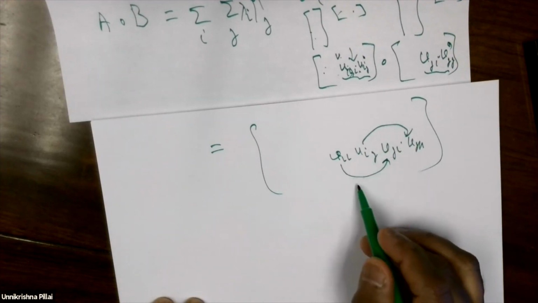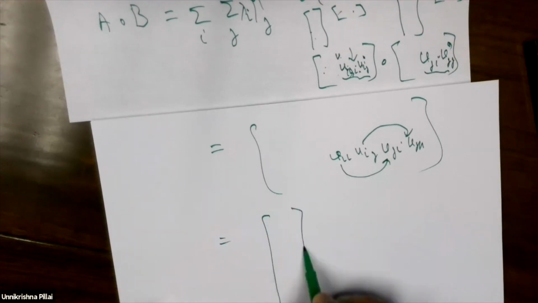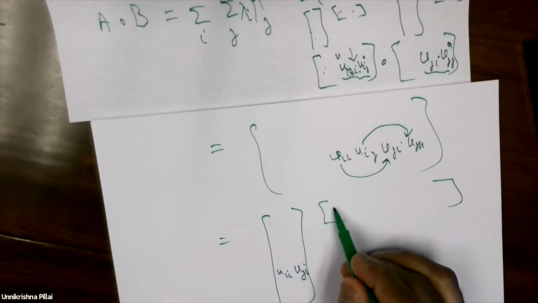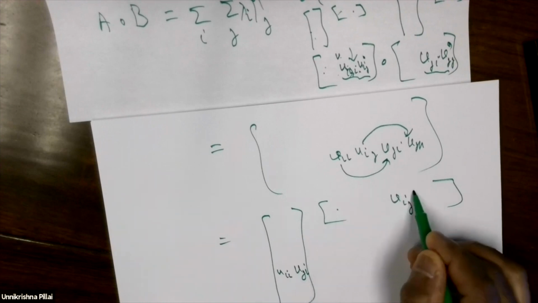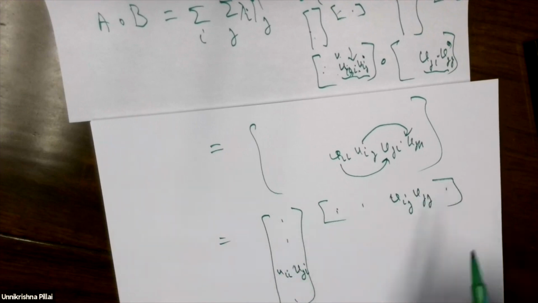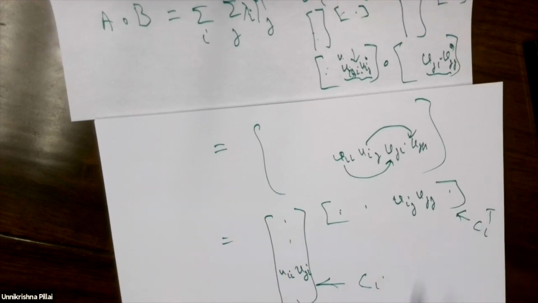So the bottom line is I can write this in this form, where this is uii, this is vji, and this is a new vector, uij, vjj. So this will be a new vector. Call this Ci if you want. So this will be Ci transpose.